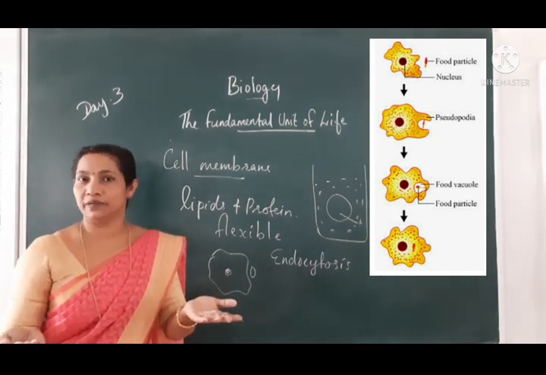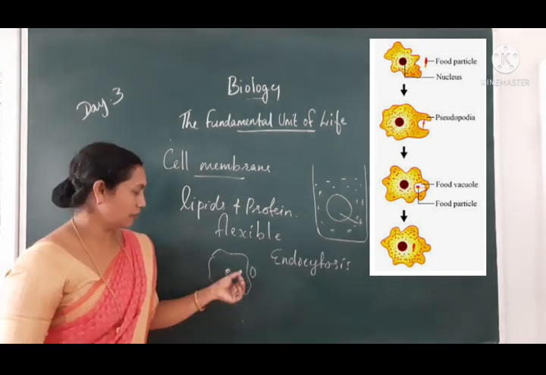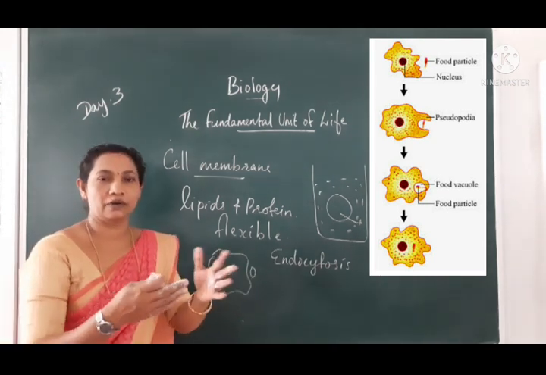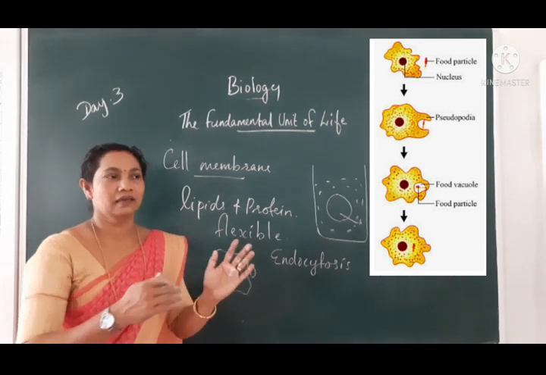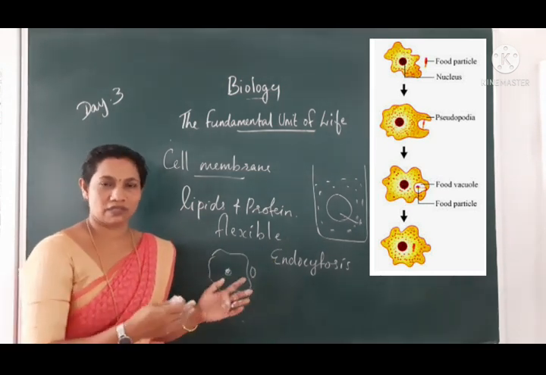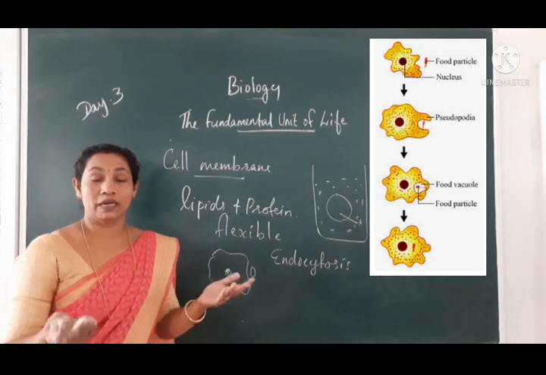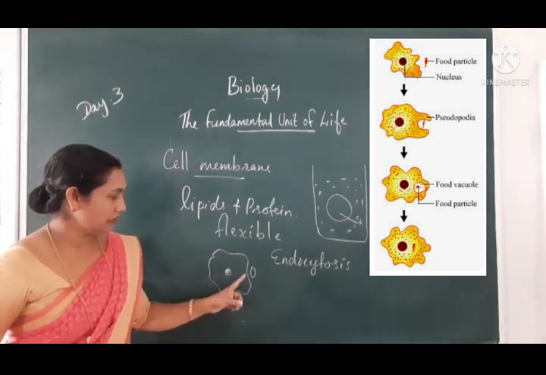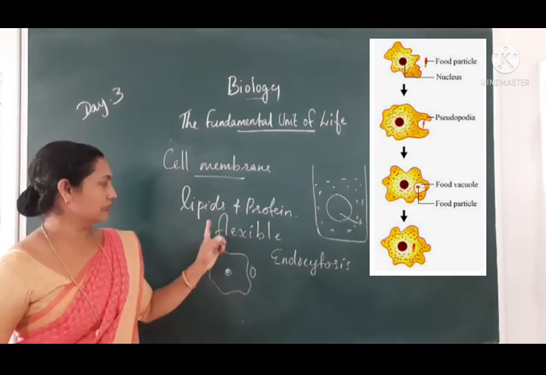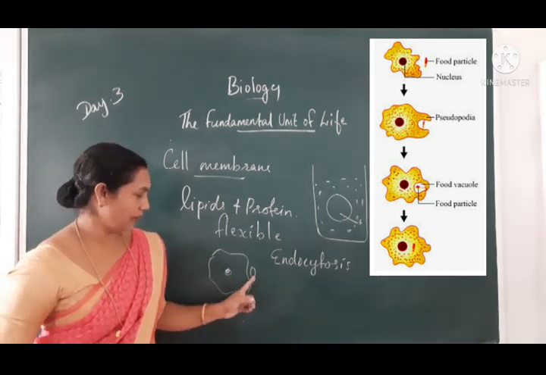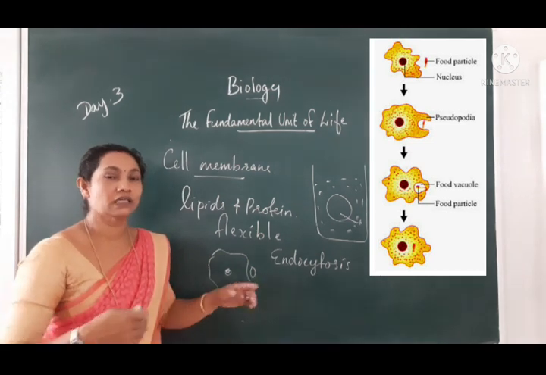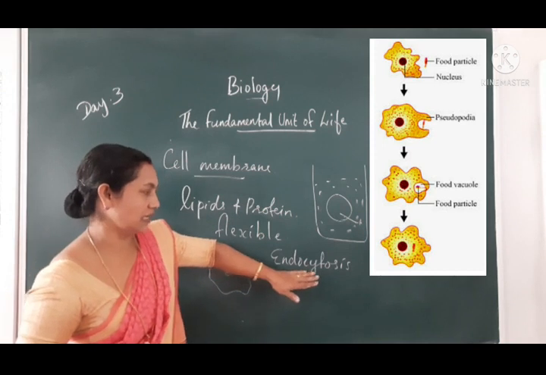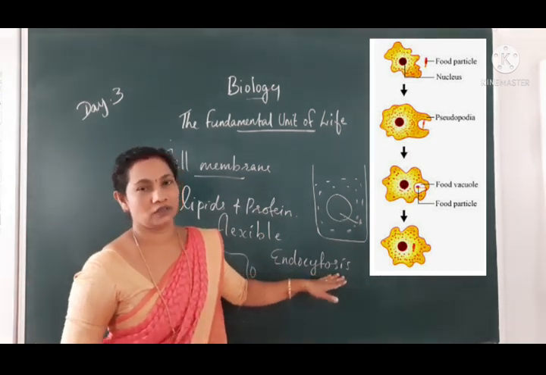Amoeba do not have a definite shape. That is due to the presence of this flexible cell membrane. It can stretch out its body to any size, any position, etc. So due to the flexible nature of the cell membrane, amoeba can absorb food molecules from their surroundings, and that process is known as endocytosis.